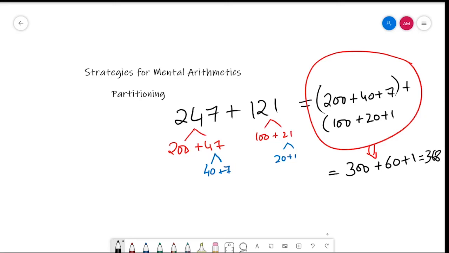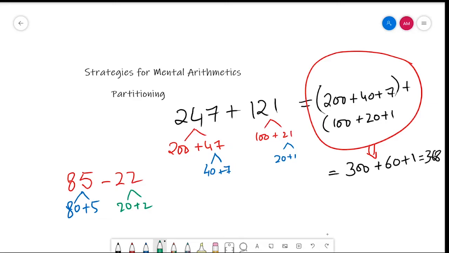Let's take another example. Let's say you have a subtraction. You have 85 minus 22. So here we can convert 85 into, let's say, 80 plus 5. And we can also say 22 is 20 plus 2.